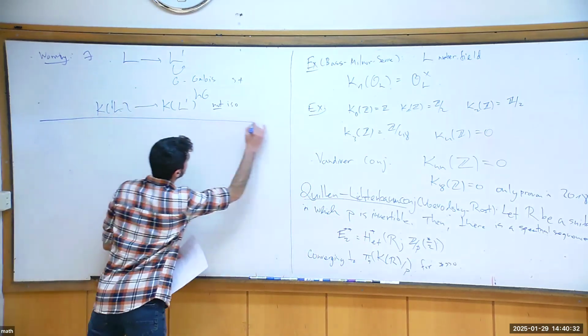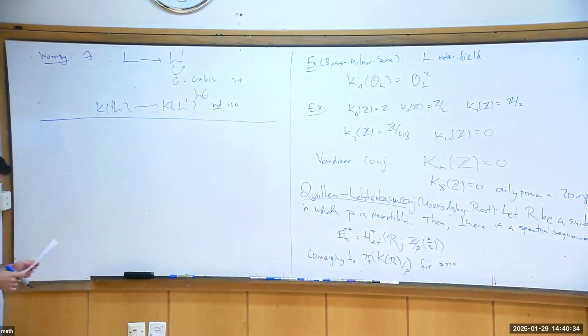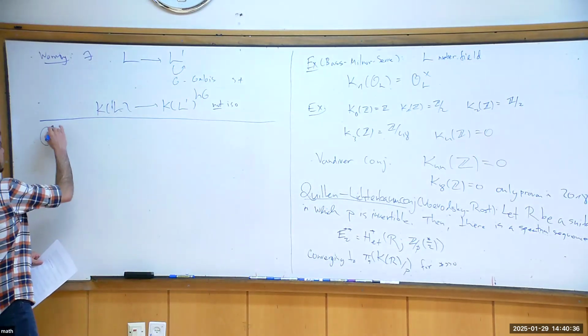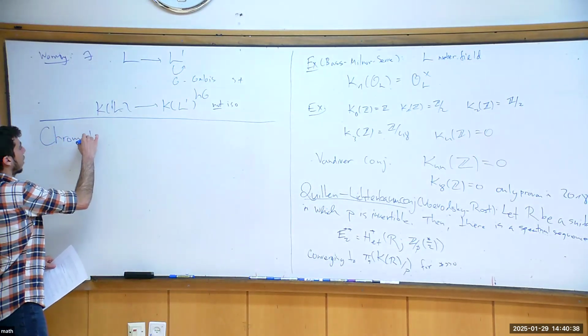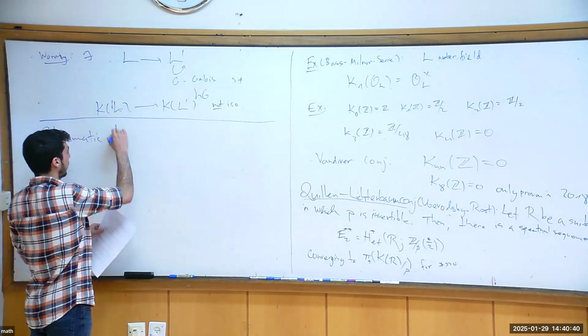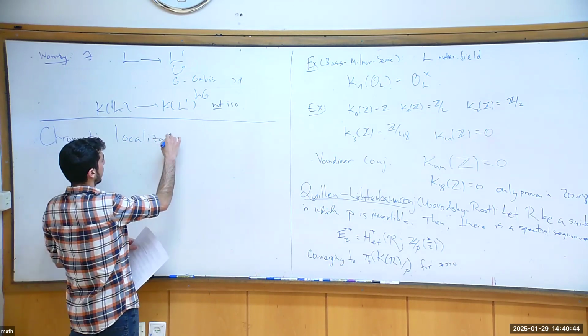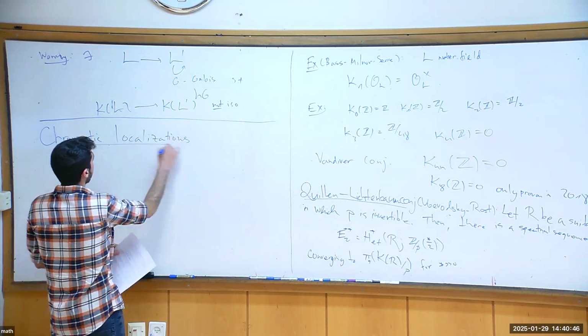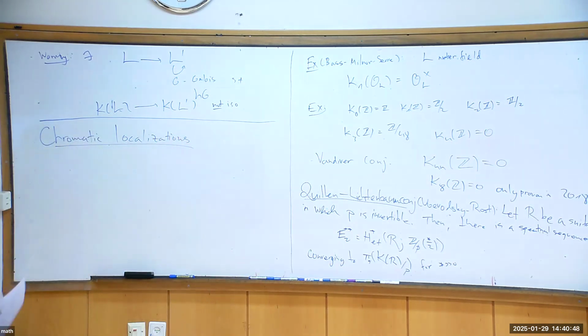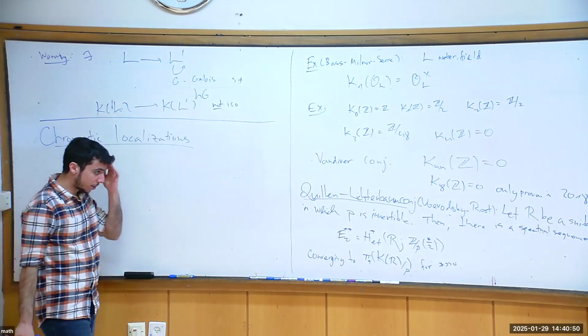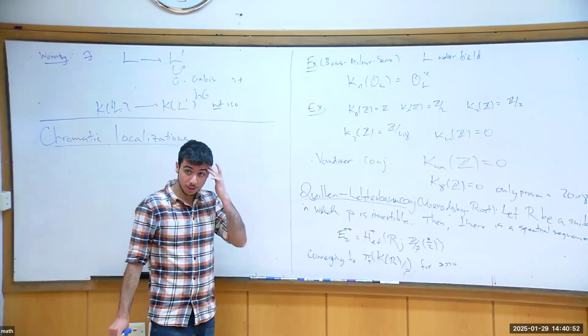And this leads us to the next topic. How can this be remedied? This is the second time I'm going to talk about homotopy theory. I'm going to talk about chromatic localizations. A very useful paradigm in algebra is to break problems into primes.